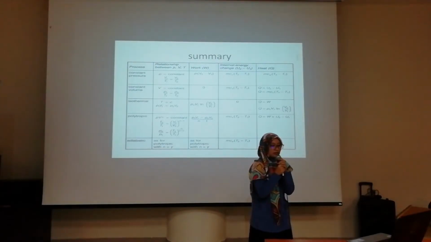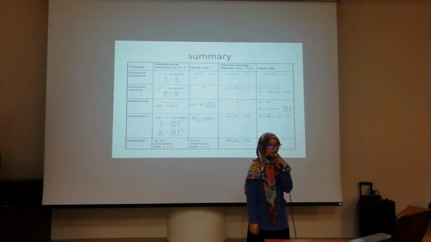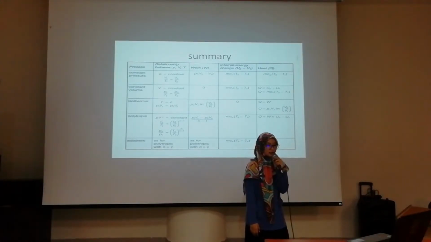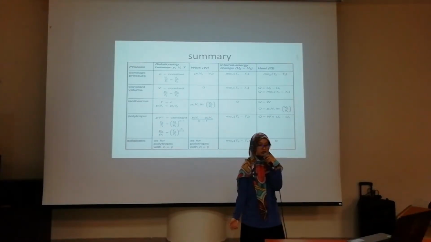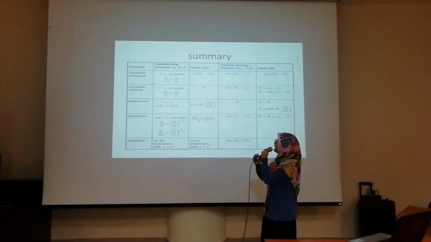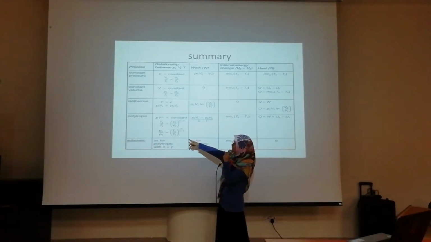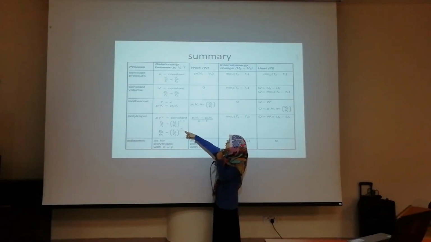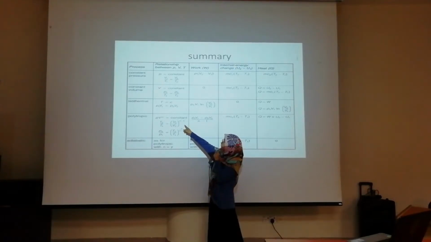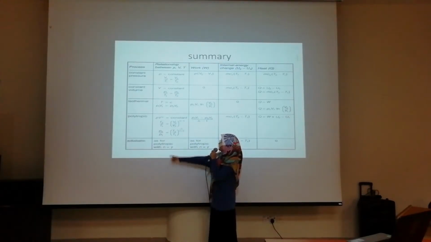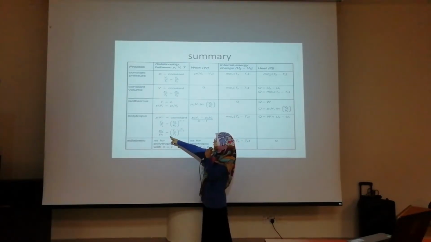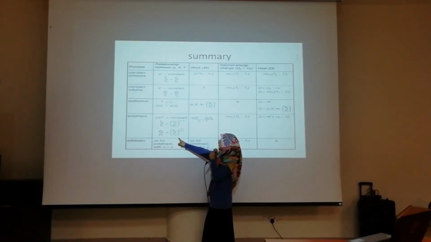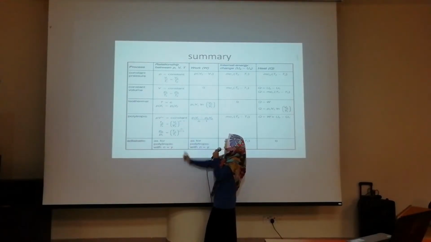Okay, for the last process, which is the polytropic, the relationship between the PV and T is PV to the n equal to constant. So this is the formula. T2 over T1 equal to V1 over V2 to the n minus 1. And also P2 over P1 equal to T2 over T1 to the n over n minus 1.